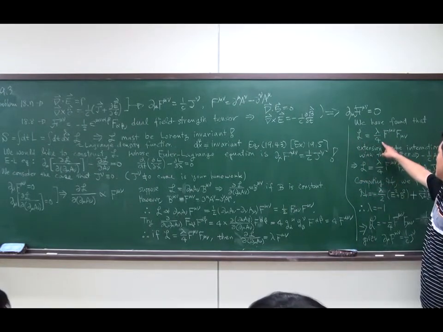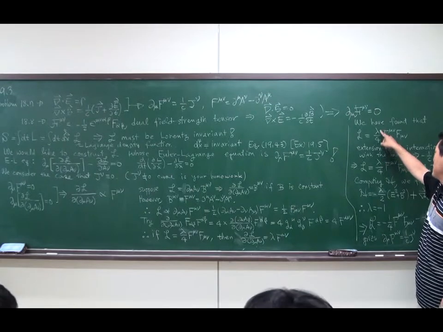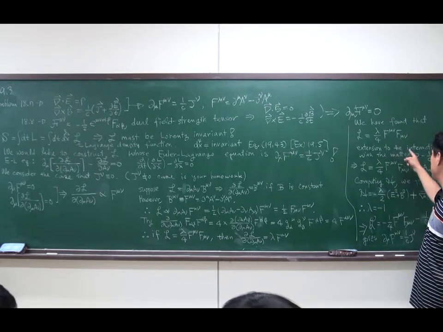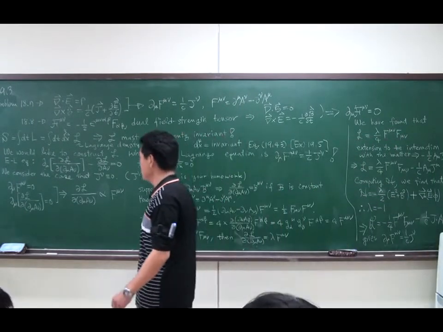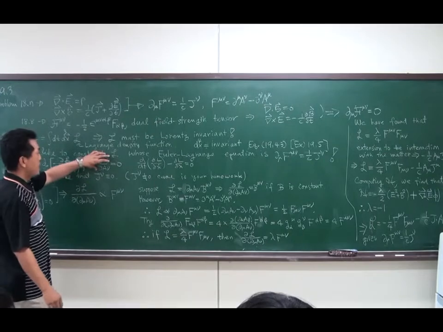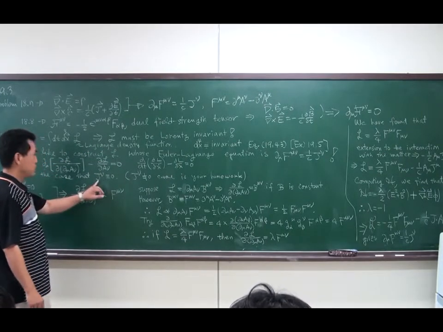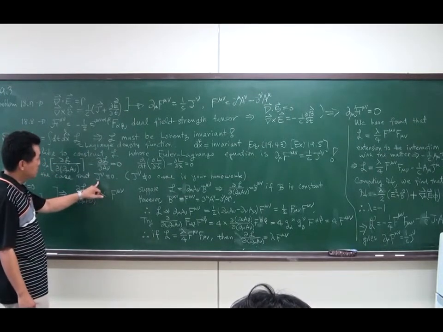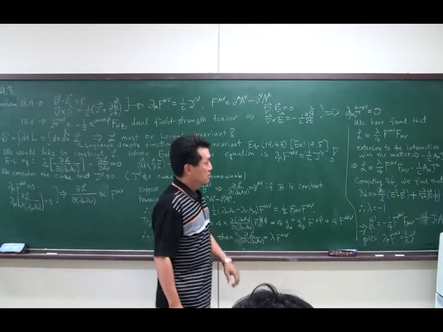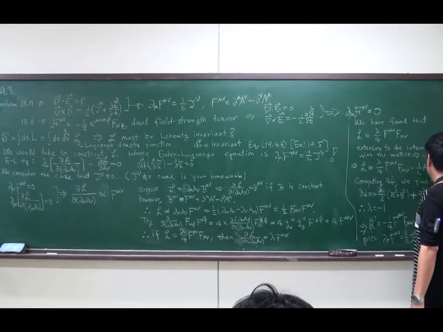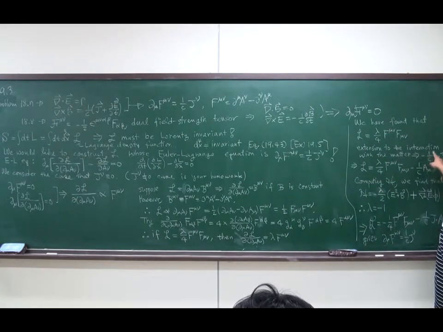From our trial solution, 1/4 lambda F_μν F^μν, we would like to extend to the interaction with matter, and I just briefly explained that this must give J^ν, then the Lagrangian must include a term like J·A. The detailed prefactor is actually -1/c A·J, but it is your homework to find this prefactor exactly.